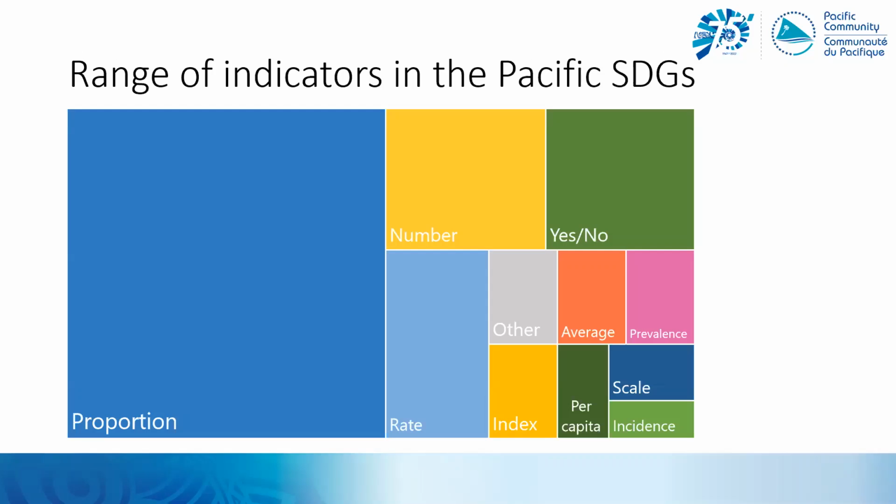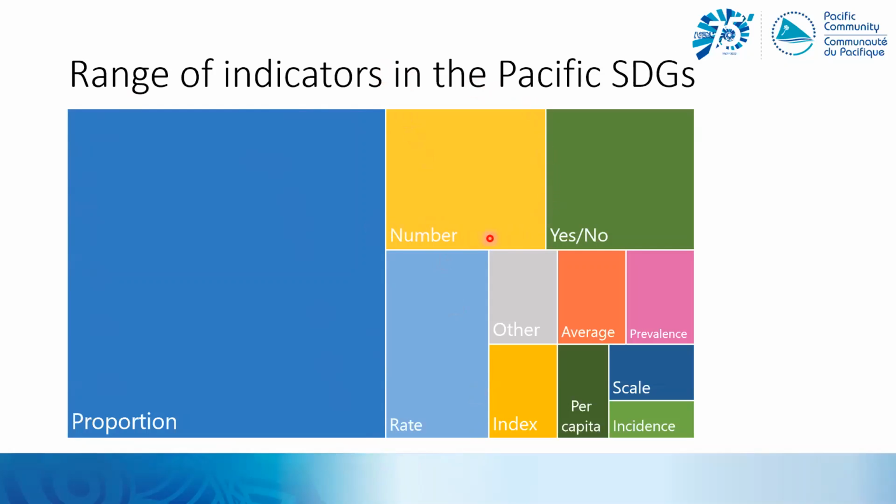So immediately we can see that proportion is the most common type of indicator, and that's things like the proportion of people owning a mobile phone, proportion of people who have access to safe drinking water, proportion of schools with adapted facilities. So they're usually our straightforward indicators.